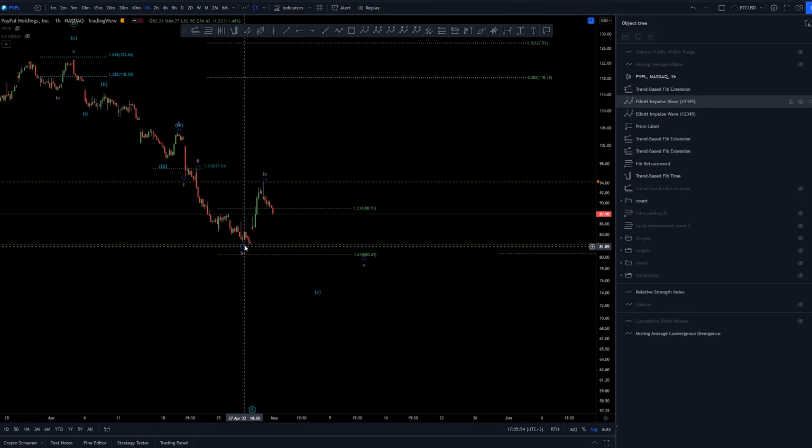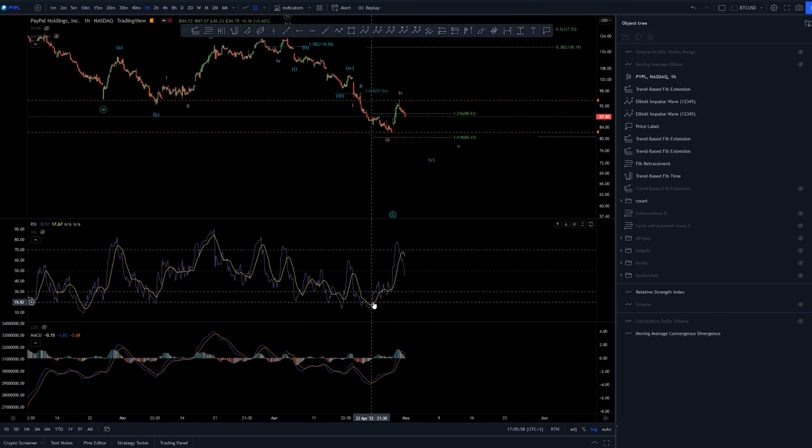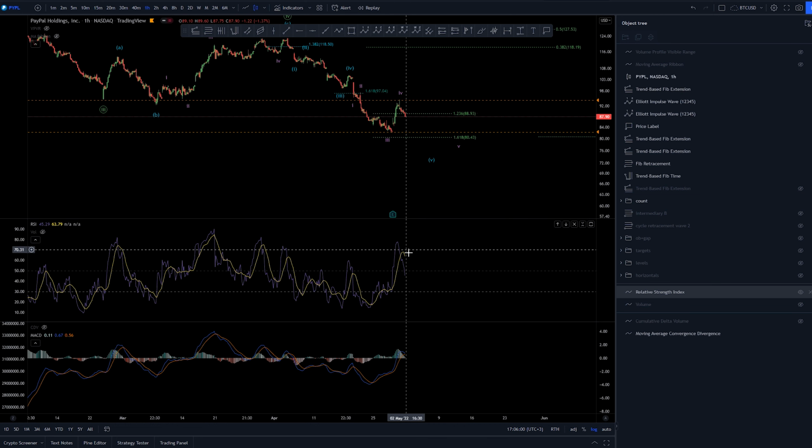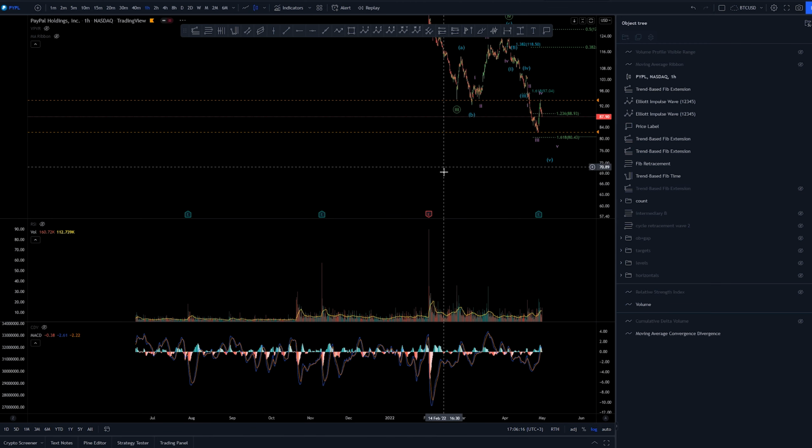Now this looks impulsive though here, so let's check out some volume data. We can see RSI is pushing quite up. MACD has given us a nice histogram bounce here, but it's coming down now, and the MACD lines are crossing, giving us a sell signal. Of course that is late. Let's see the volume.